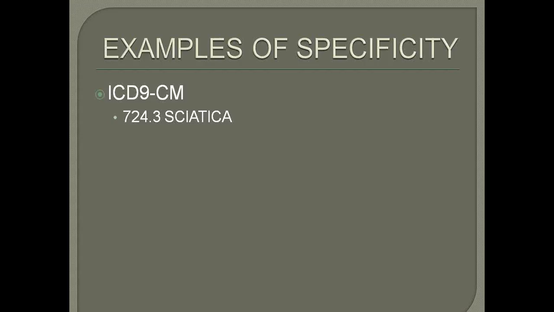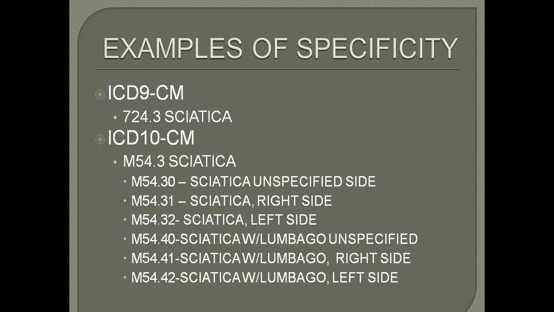The level of specificity has now expanded that code to 7 codes. If you have a practice management software program with a mapping tool and you put sciatica into that mapping tool, you would get this code, M54.3, because that is the same code.